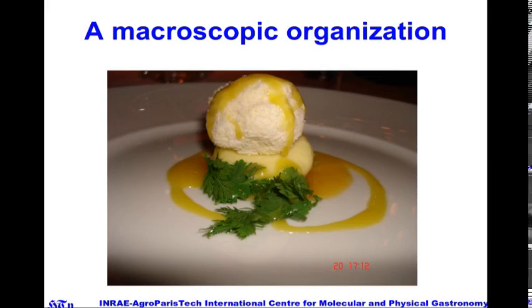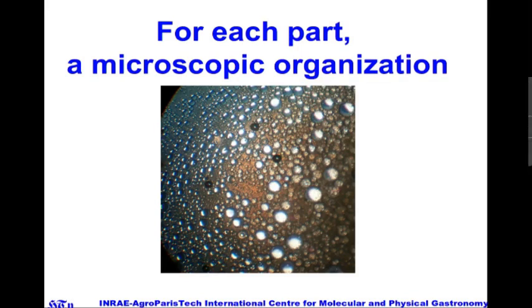Now, if we look more in detail using a microscope, at any part of the dish, we will find a different organization, which is a microscopic organization. So let's come back to the main idea.